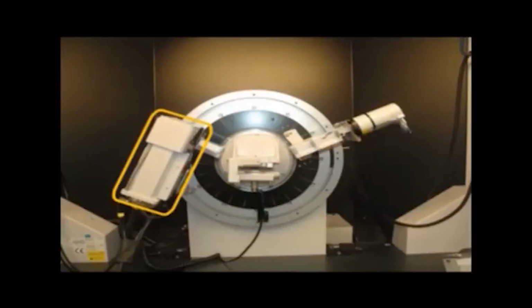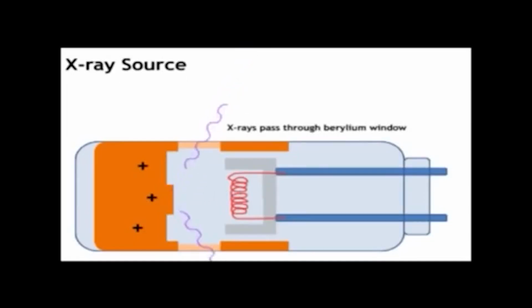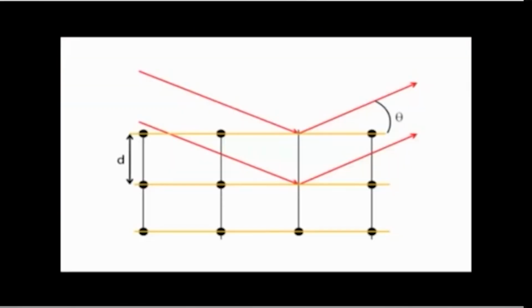To begin with, you must have a monochromatic X-ray source, and in this case, as you can see, the X-ray is coming out of the system from a tungsten filament, going to a copper target, and passing through a beryllium window. It is designed in such a manner that you get a monochromatic X-ray source.